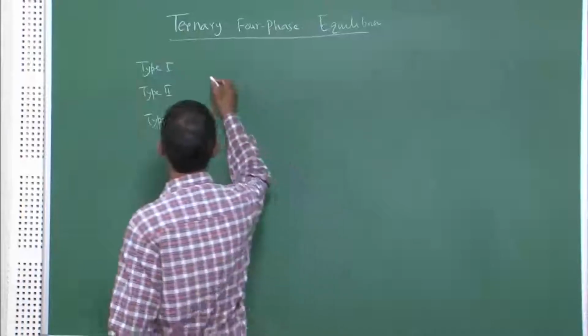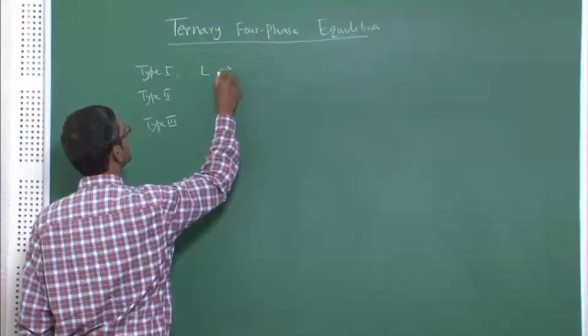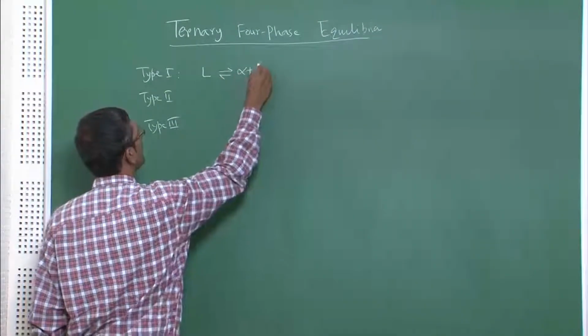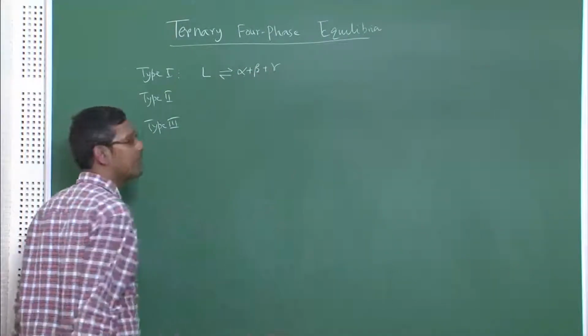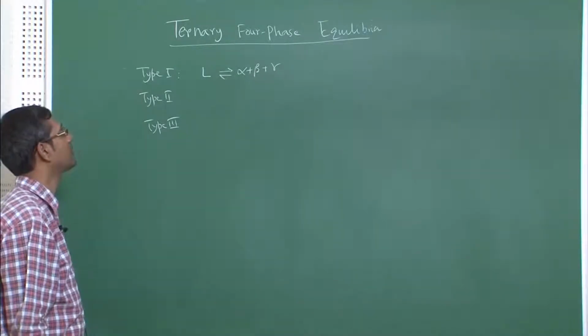Students, in the last part of the 4-phase ternary equilibria, we are going to discuss the type 2 equilibria in the ternary phase. In case you have forgotten, let me remind you that type 1 is the ternary eutectic, where liquid gets transformed to 3 solid phases.